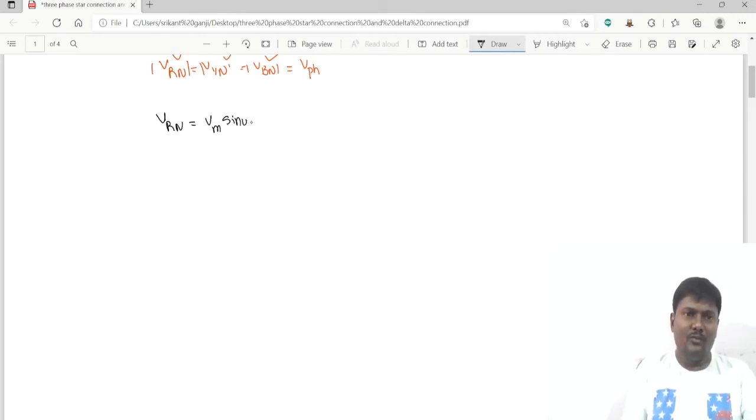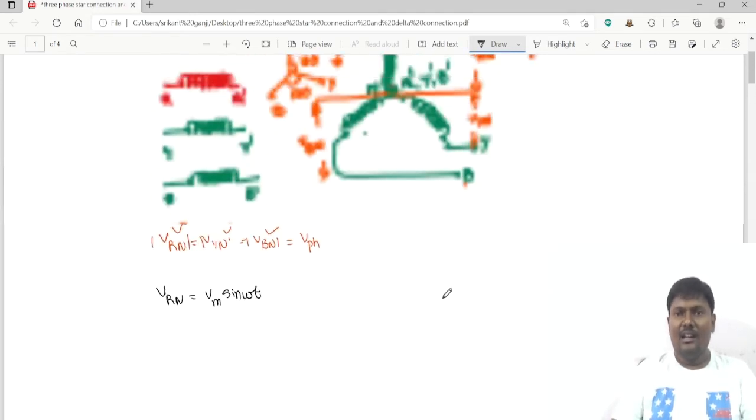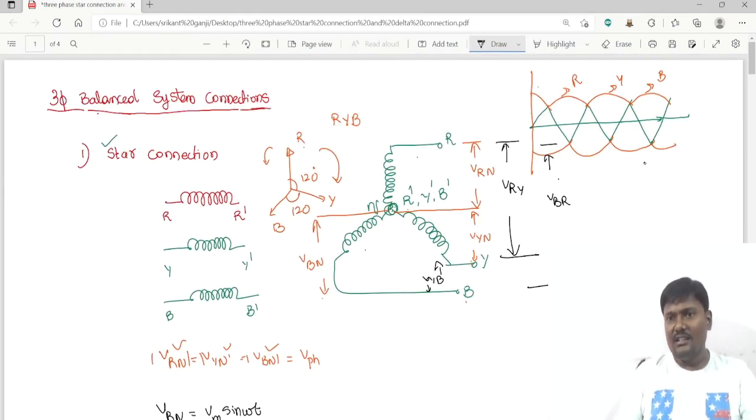Vmax sine of omega t. As I am taking the x-axis is omega t, and this is a voltage. So VRN, and this one is VYN, and this is VBN. These are all phase voltages I am representing here.